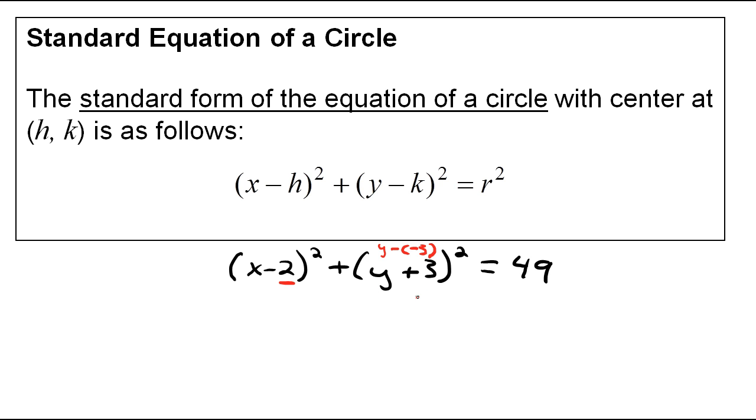So a negative 3 and a positive 2 are the coordinates of my center. So my center is going to be the point 2 comma negative 3. And this is r squared, which means r is 7.